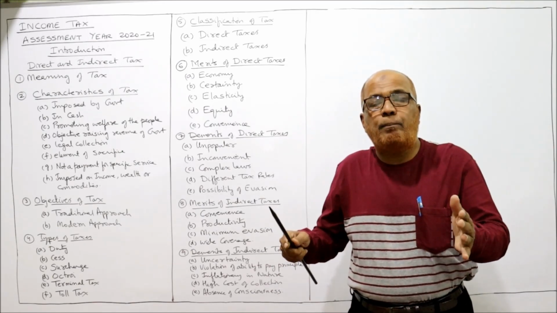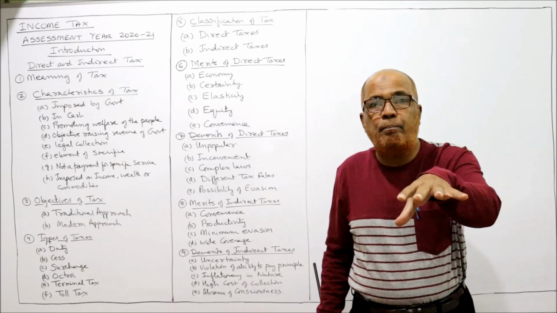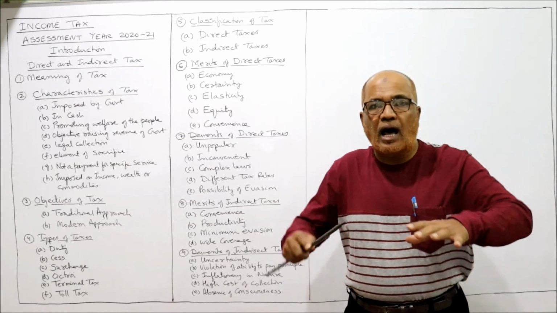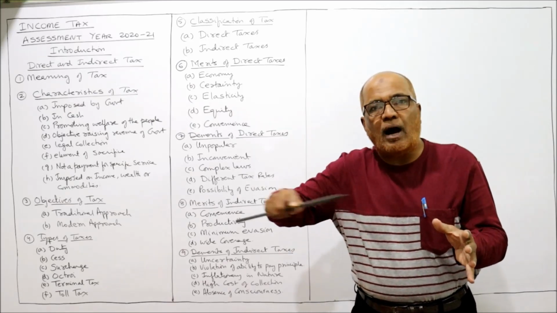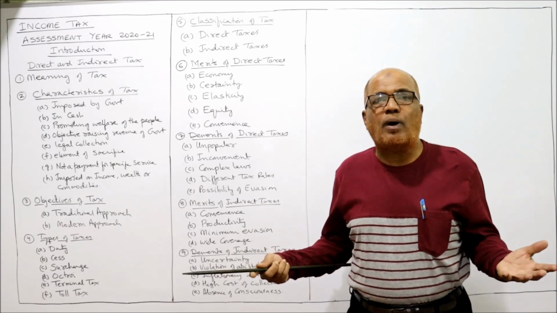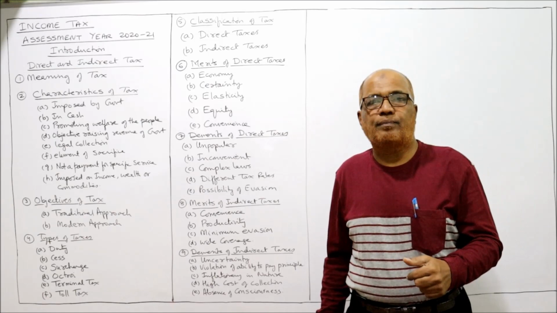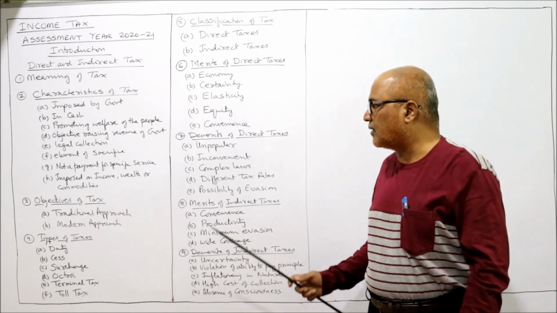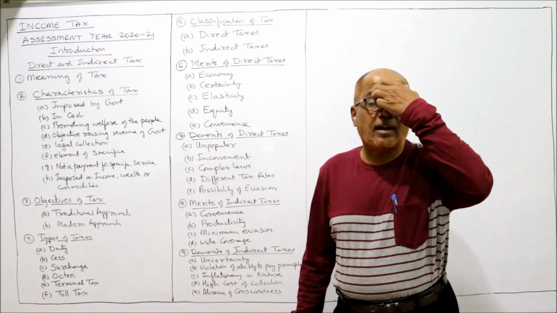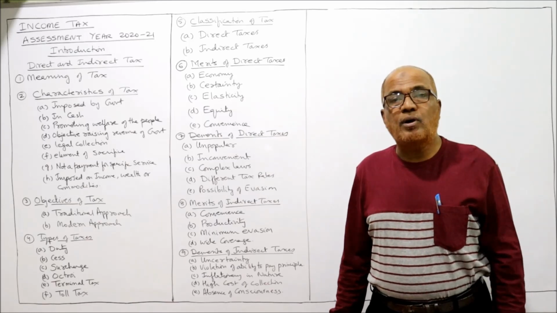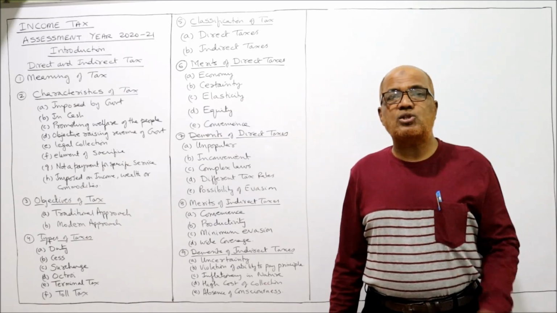But very few people will come within the ambit of tax. A large portion of the people will be outside the ambit. So it's not popular. Only a few people know that there is a tax and he is paying the tax. Inconvenient. Direct taxes are inconvenient because in one lump sum he has to pay.